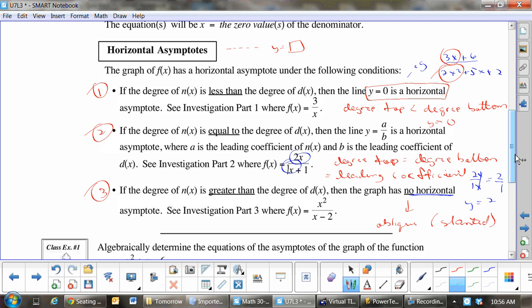Now, here's the thing that you need to know about horizontal asymptotes. Okay? Oops, I guess it would be all of them. Now, this is kind of maybe non-intuitive, but the graph can go through horizontal asymptotes.